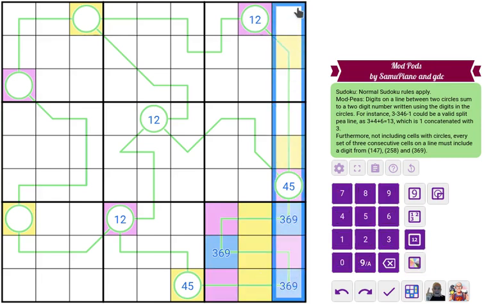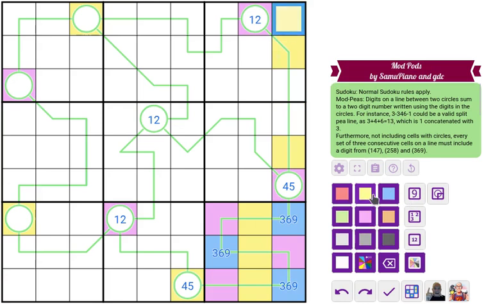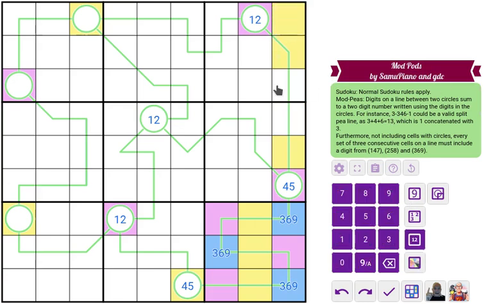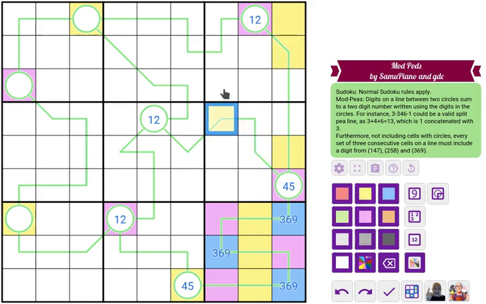For this column, we still need a third yellow, which can't go there, so it goes here. This line here, there's no yellow, so this is yellow.